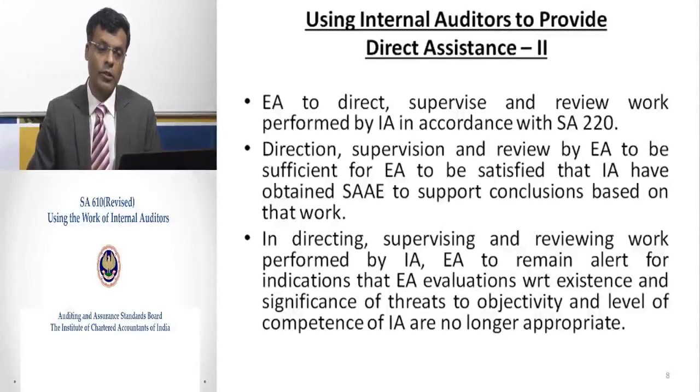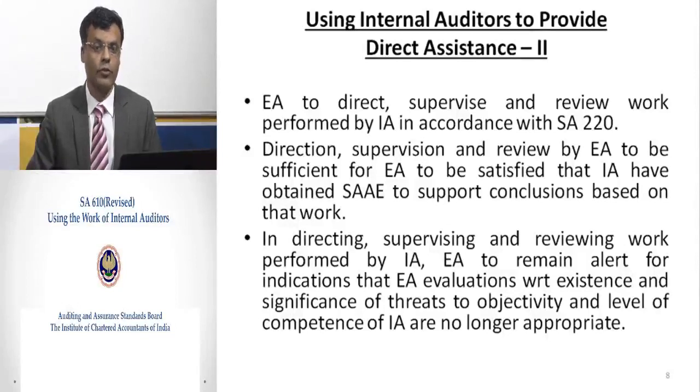The external auditor should direct, supervise, and review the work performed by the internal auditor in accordance with SA 220. The direction, supervision, and review by the external auditor should be sufficient, and the external auditor should be satisfied that the internal audit has obtained sufficient appropriate evidence to support the conclusions based on that work.